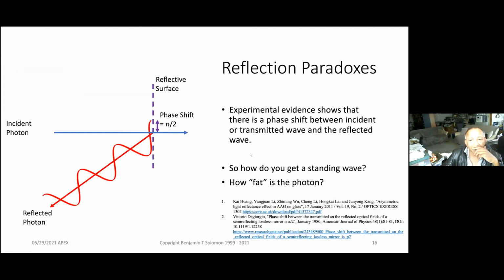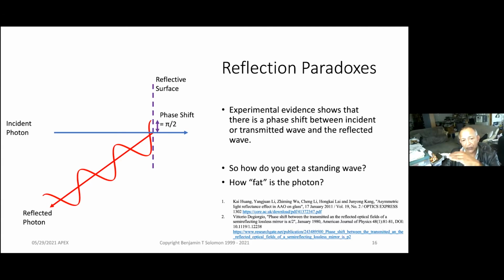Okay, then I started researching and got a shock, because there are experiments which say that when a wave hits a surface, there's a phase shift with respect to the transmitted wave. So you have the purple dotted line as the reflecting surface.